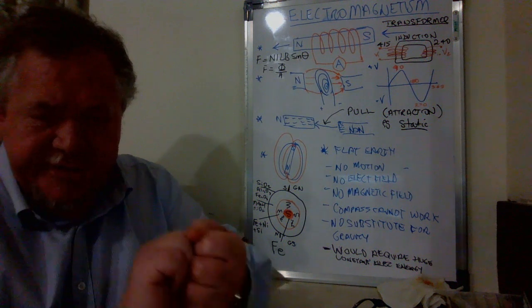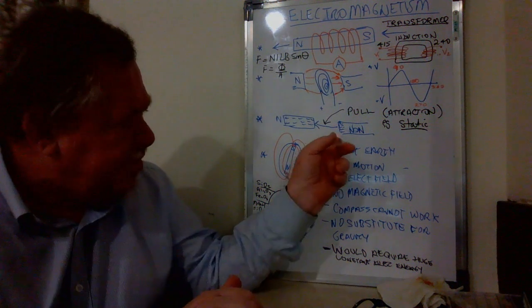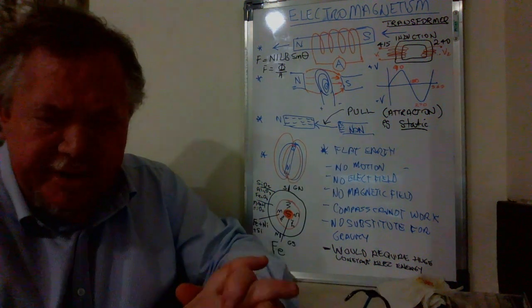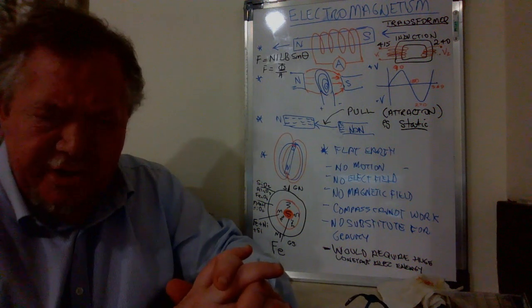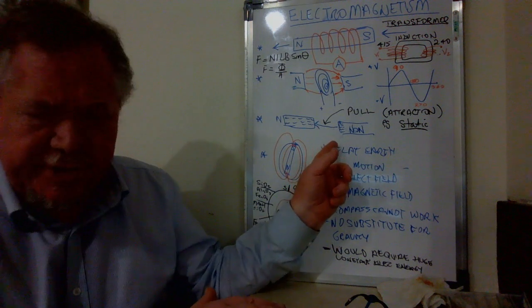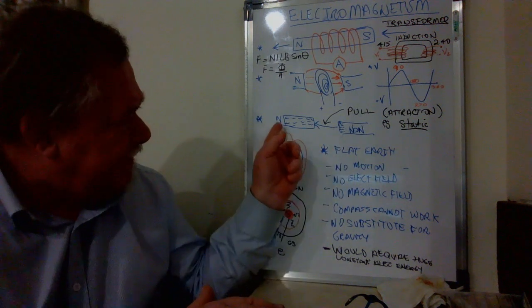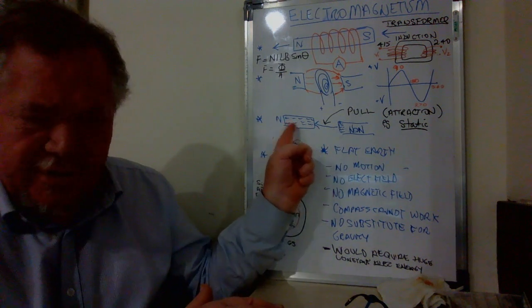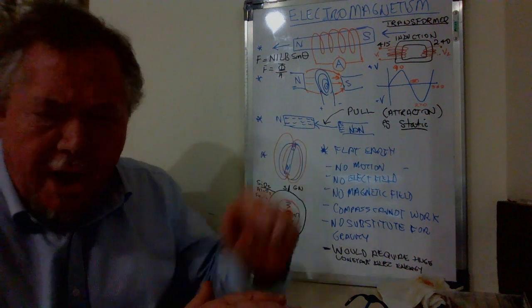But that can only happen if this material is susceptible to being magnetized. And if you remember from the last video, the way that it is susceptible to being magnetized is that the crystalline lattices, the crystalline structures, are able to be aligned.